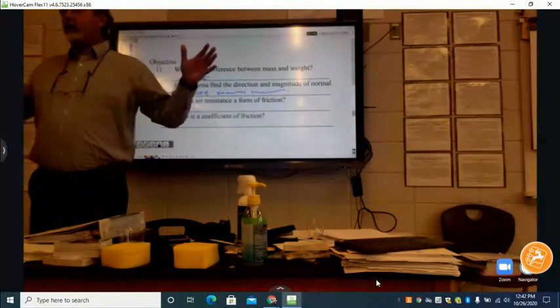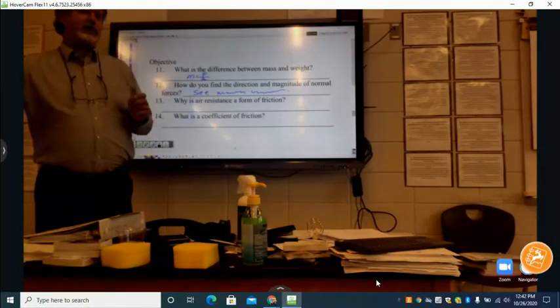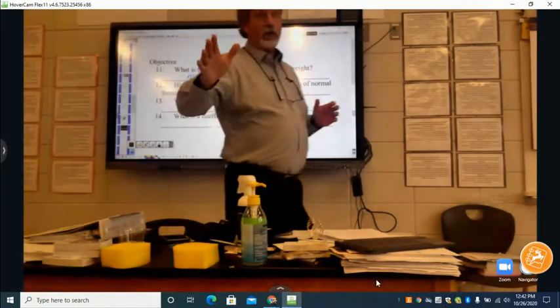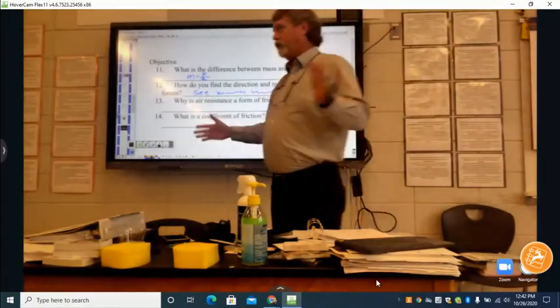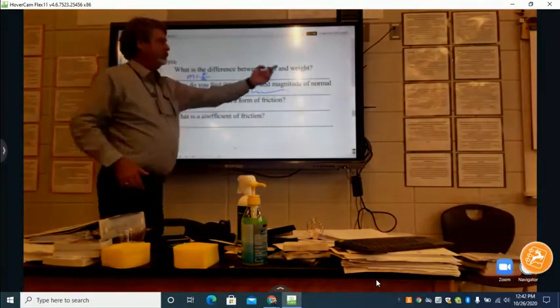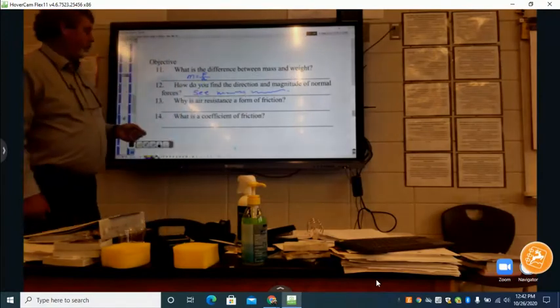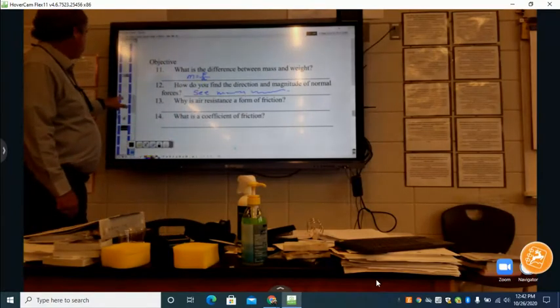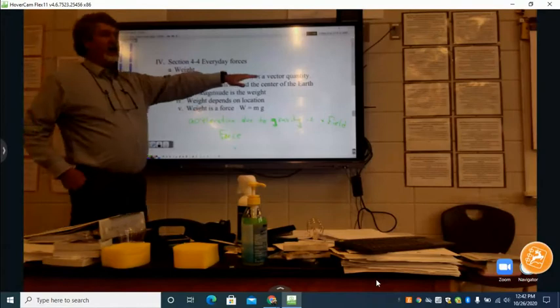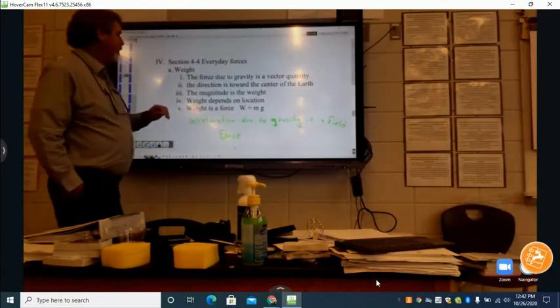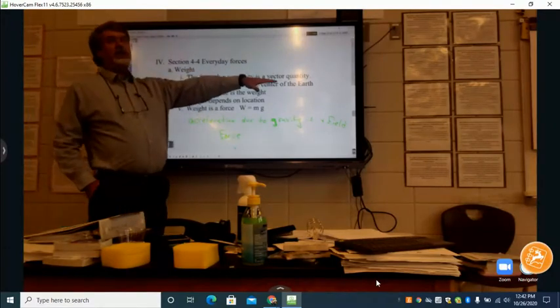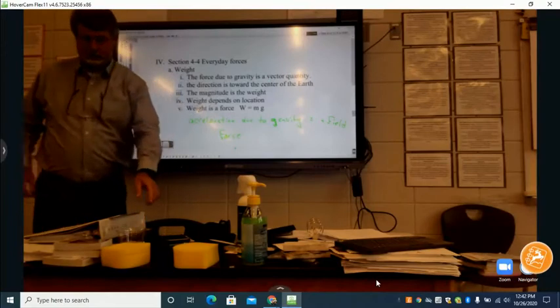Well, there are other forces out there besides field forces and contact forces. There are other forces, and the number one force is weight. Okay? All right, so the force due to gravity is a vector quantity. The direction is towards the center of the earth.